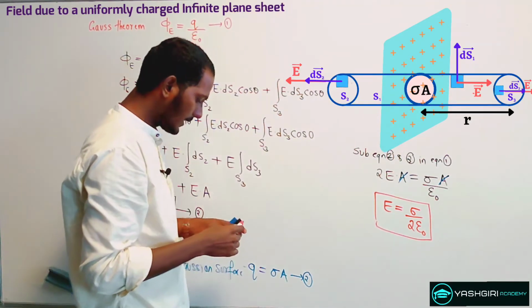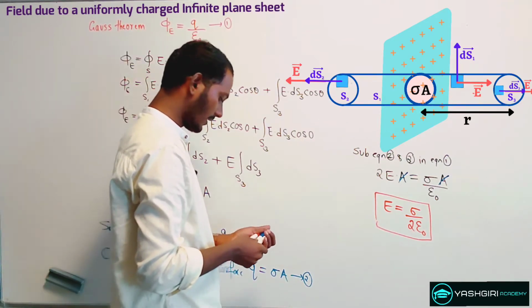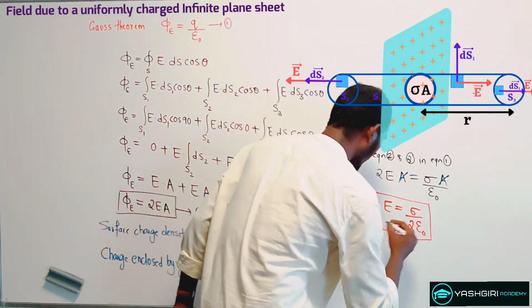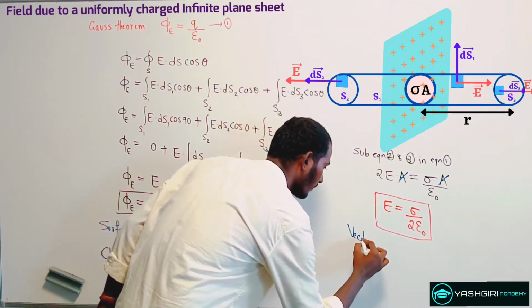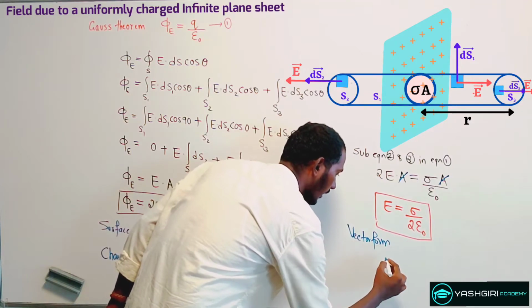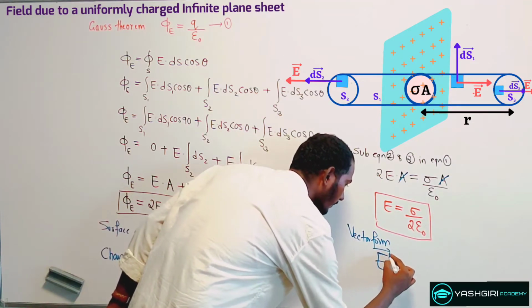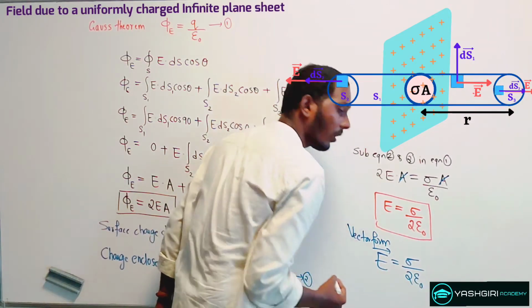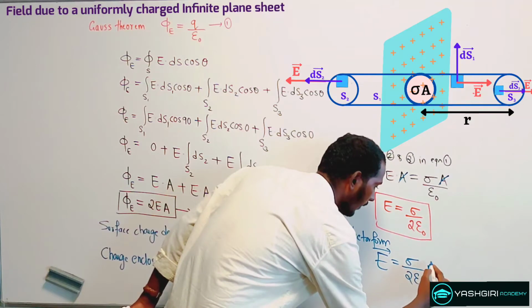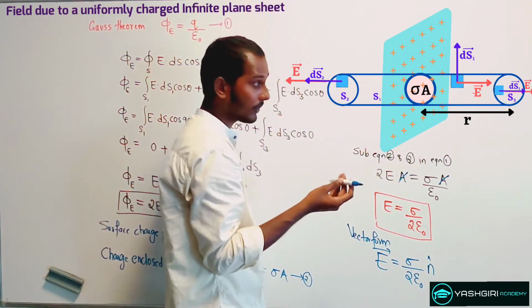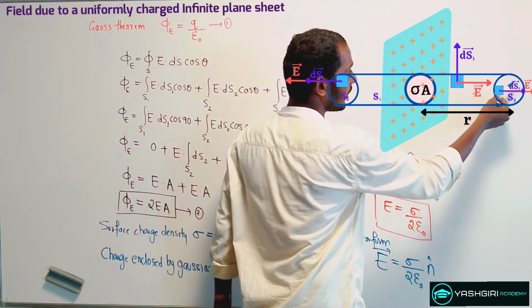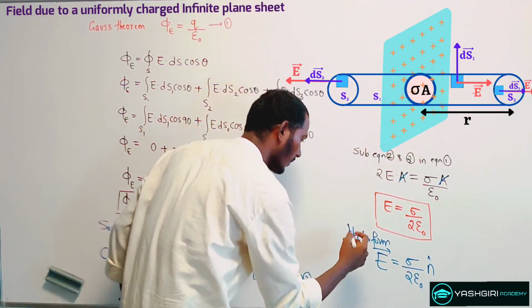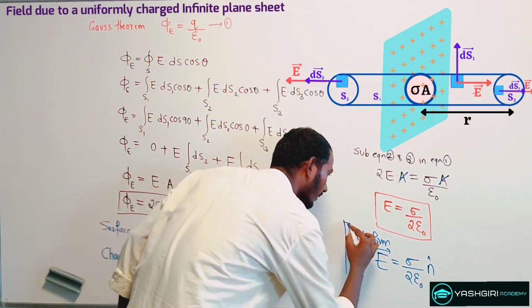Now, if you just want to write it in the vector form, I can say vector E will be equal to sigma upon twice epsilon naught into n cap, where n cap is the unit vector which is exactly normal to the plane of this Gaussian surface. Correct? That's the n cap. So this is the vector form for your electric field.